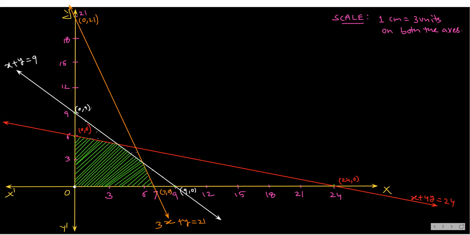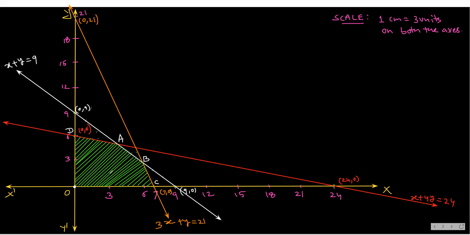So this is the final solution set. Now I will name the points. I write this as A, B, this point is C, then this is O, and here I write D. So A, B, C, O, D.